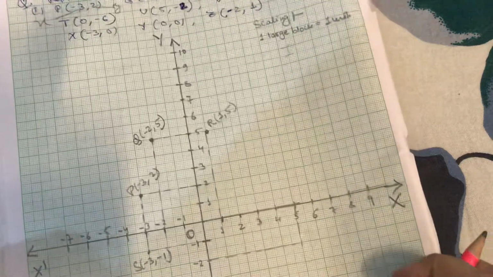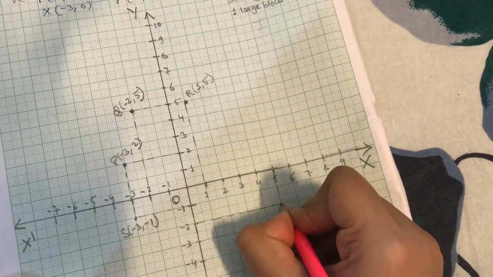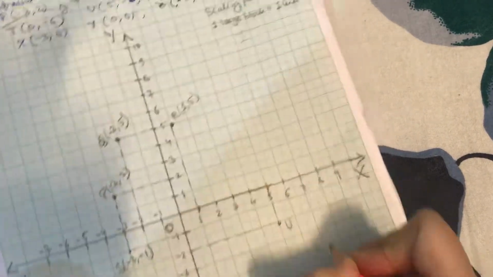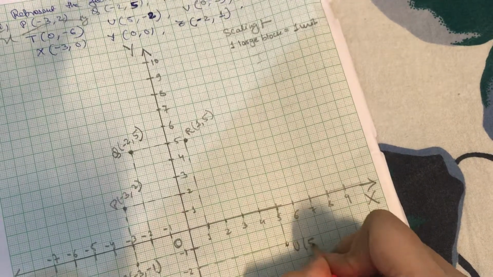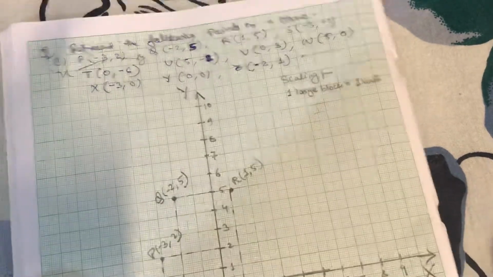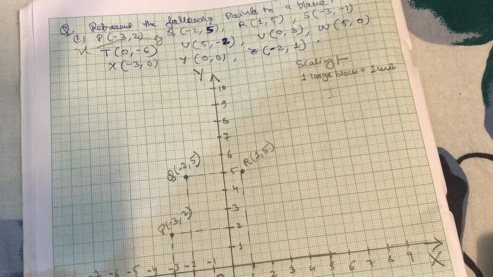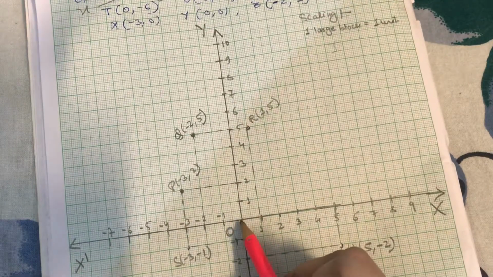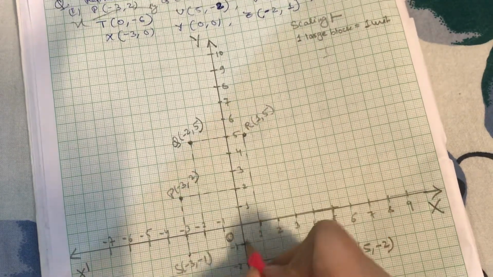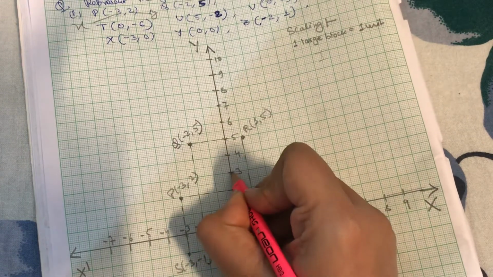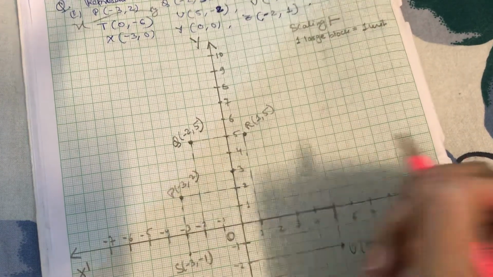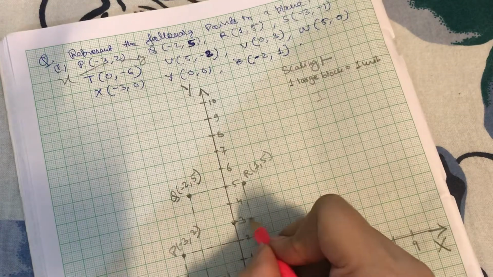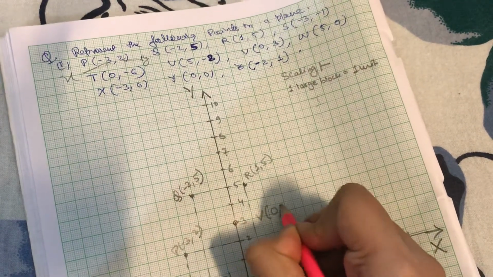So here we have U as 5 and minus 2. The next point is 0 and 3. That means X equals to 0 and Y equals to 3. Which means I'll start from here and Y equals to 3. So this is my point V, which is 0 and 3.